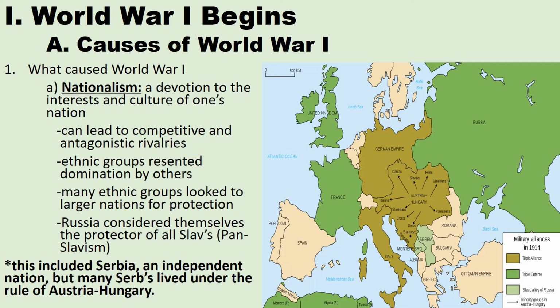Specifically, if you look just north of the green part on the map, you see the city of Sarajevo. That was a part of Serbia that was under Austria-Hungary's rule and wanted that independence like the rest of Serbia. And this is where that tension really plays a big role in the spark that explodes in this powder keg of Europe.